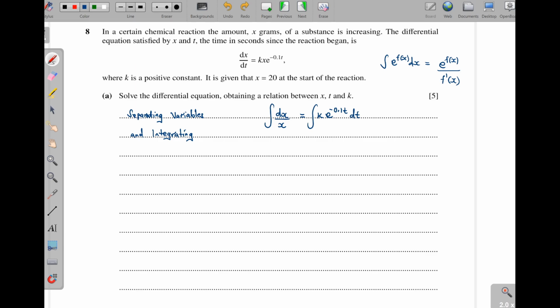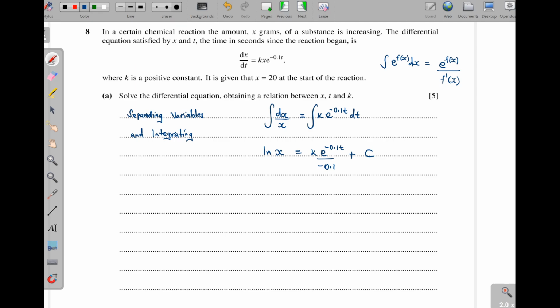So here, integrating 1 over x with respect to x, we get the natural log of x here. Then we come to this one here. This one will be k times e to the power of negative 0.1t. When you differentiate the power with respect to t, you get a negative 0.1, which you divide by, just like I said you do here. Then we shall put an arbitrary constant here.